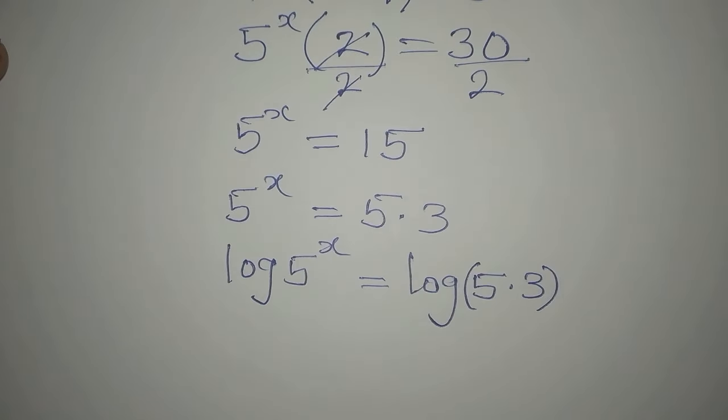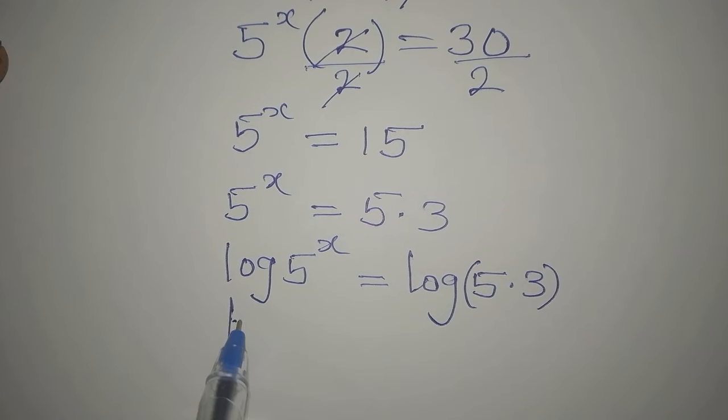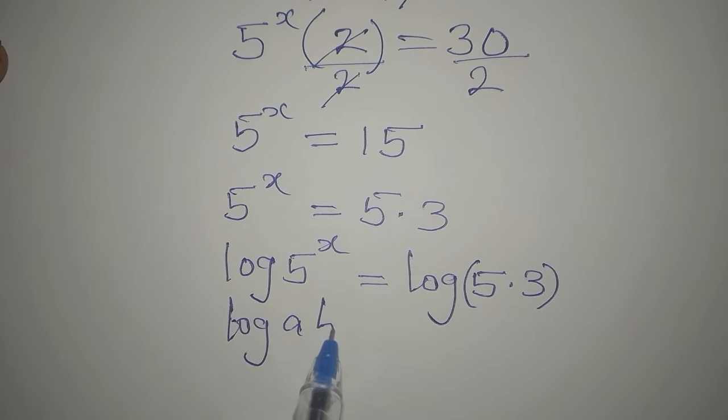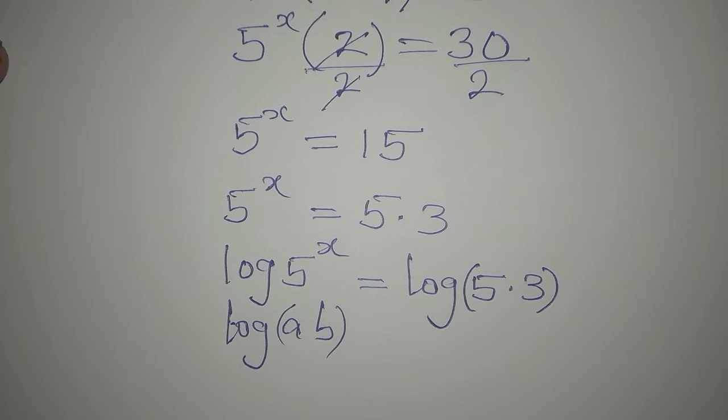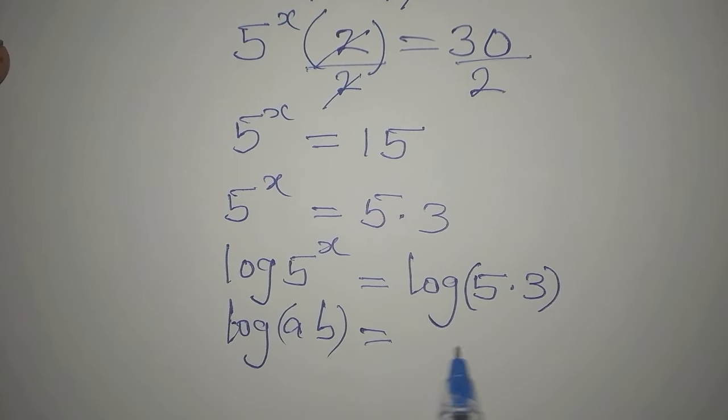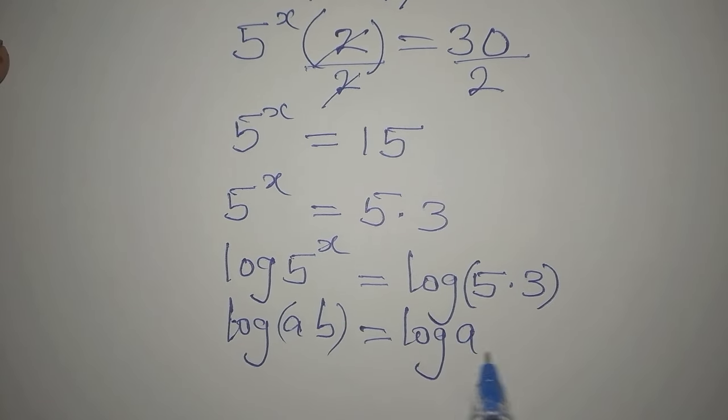Now we're going to apply a law here. If you have log ab, that is a times b, this is the same thing as log a plus log b. So I'm going to apply this to this.